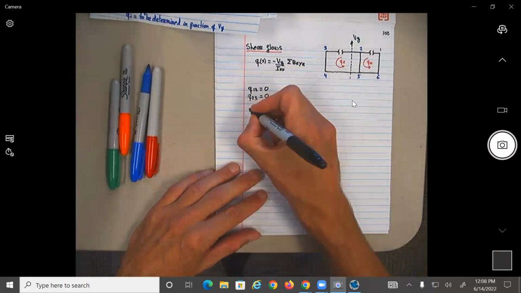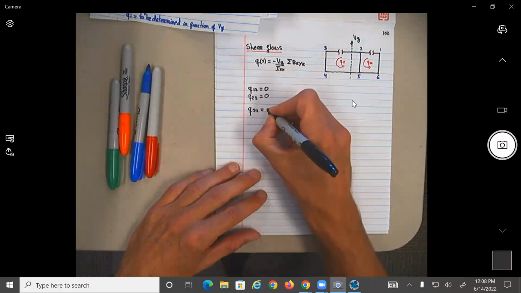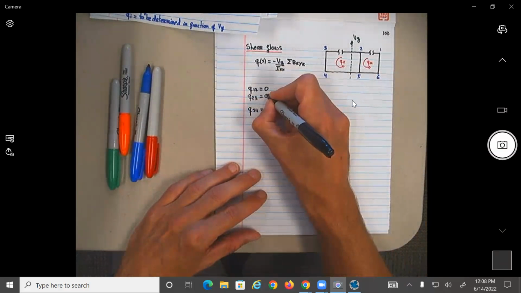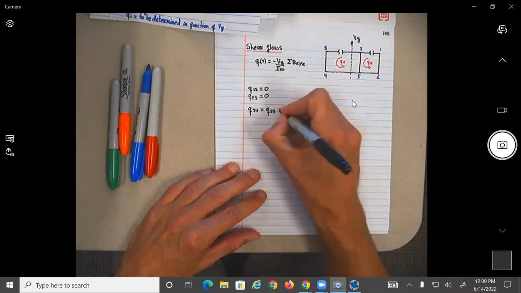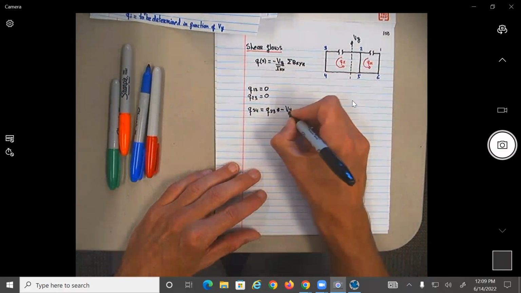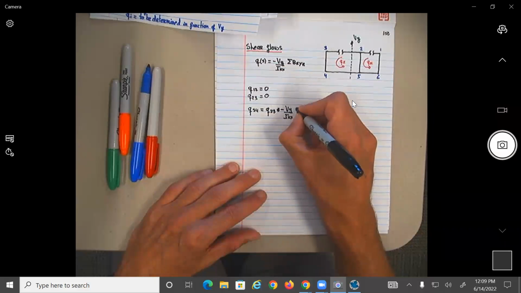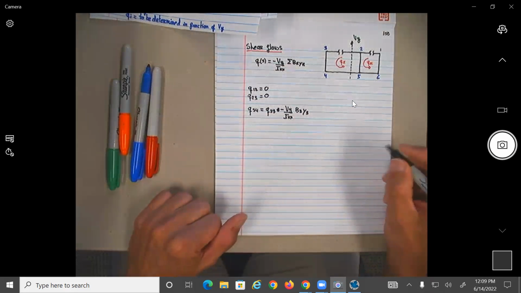So then we do Q34. Should be equal to what? Should be equal to Q23, so this should be equal actually to 0. This should be equal to Q23 minus Vy over Ixx, B3 times Y3.